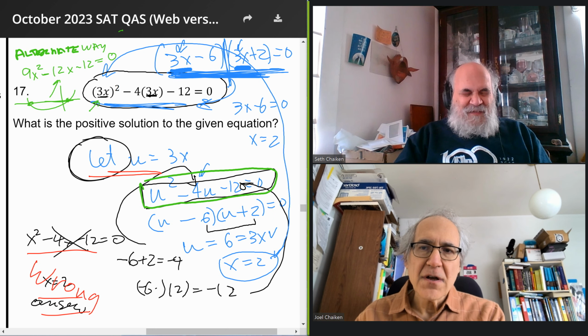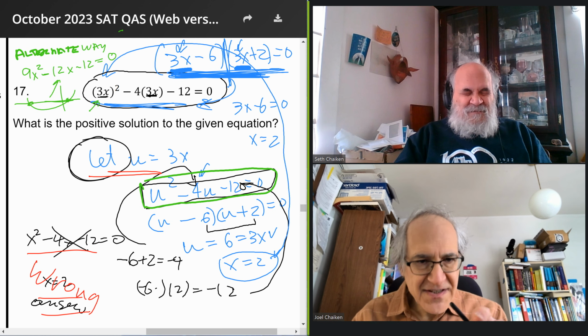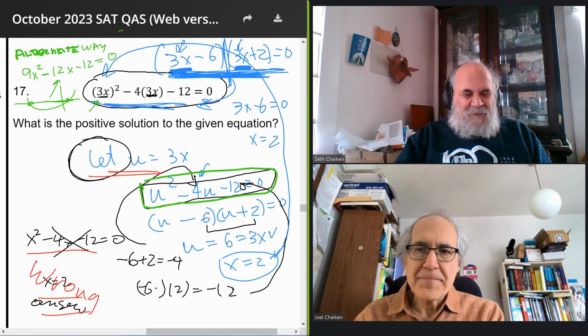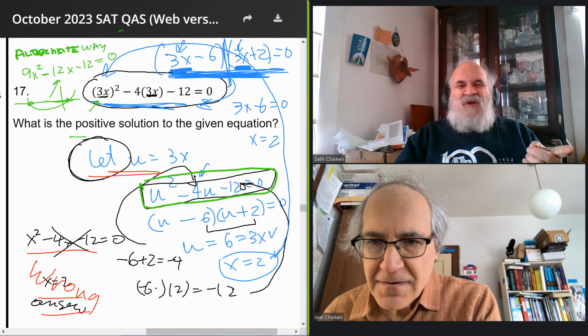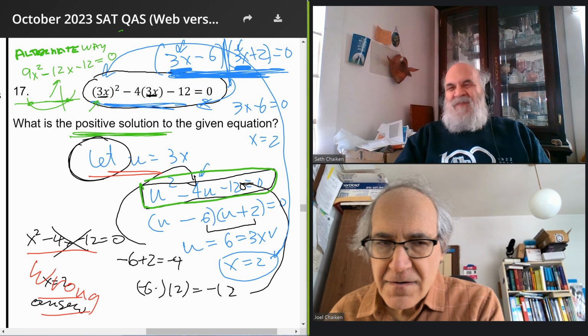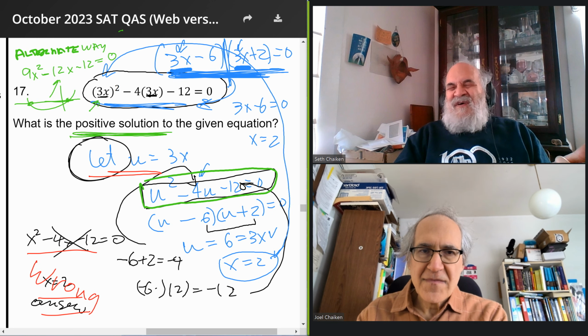It's where the curve crosses the x-axis. The x coordinate of where the curve crosses the x-axis is the solution. The x coordinate is a number, and that's the solution. Where the curve crosses the x-axis is a point, and that point is called an x-intercept.